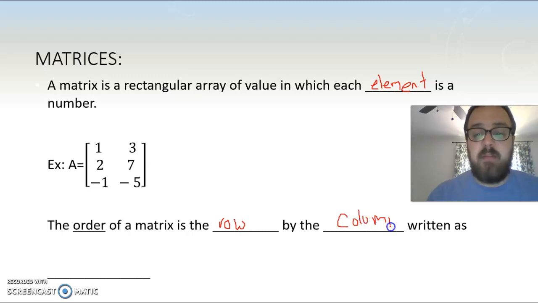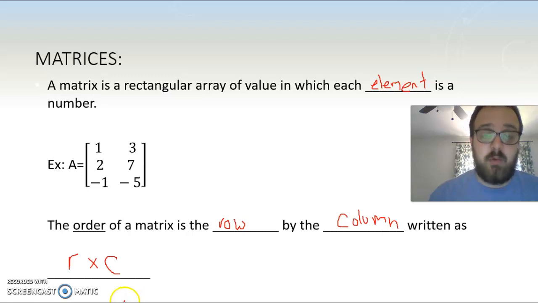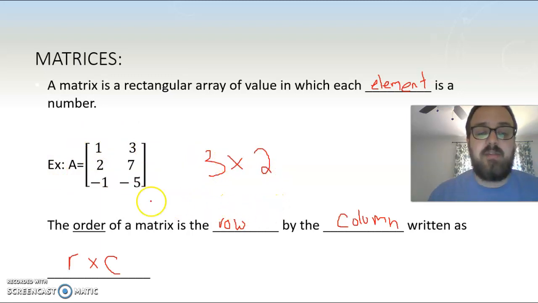We write it as R x C, a row by column, to tell people the size of our matrix. So for matrix A, this would be a 3 by 2 matrix. We have 3 rows, 2 columns, a 3 by 2 matrix. And that's going to matter a lot for something we talk about a little bit later.